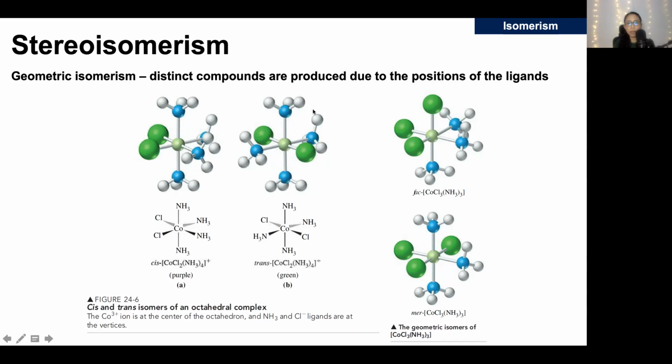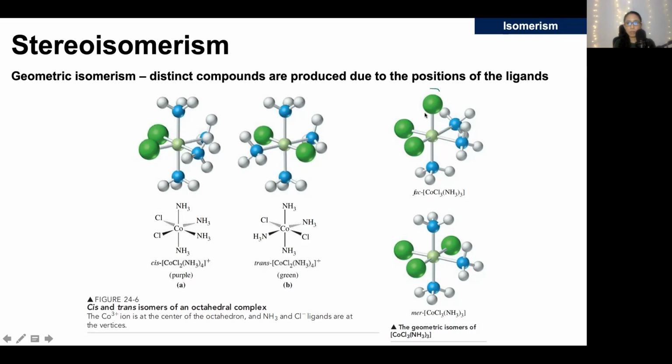Now, if we have another chloride ligand, so that means we have 3 chloride and 3 ammonia ligands, then there is also another type of isomer because, assuming that we start with the cis isomer, the third chloride ligand can be introduced to what is called the axial position.